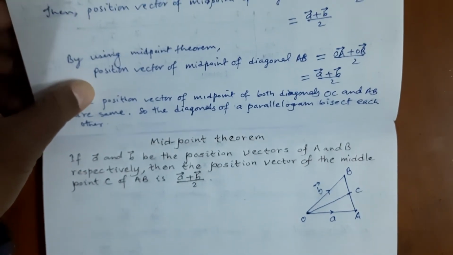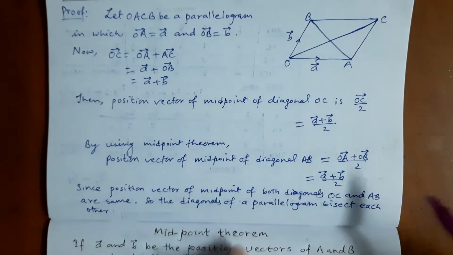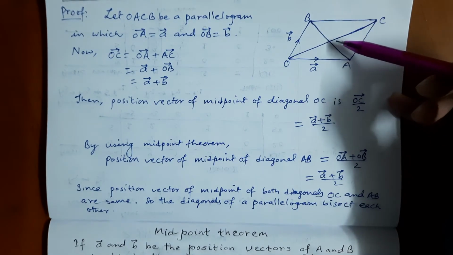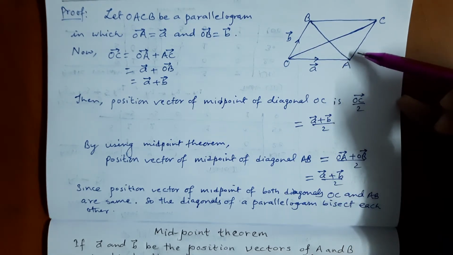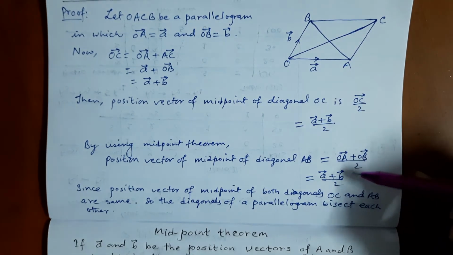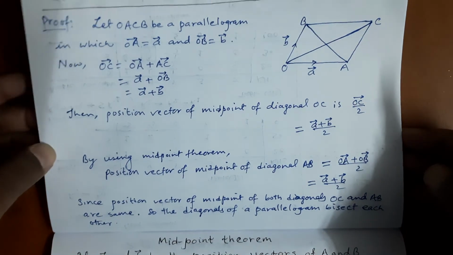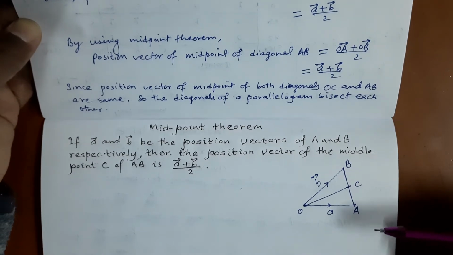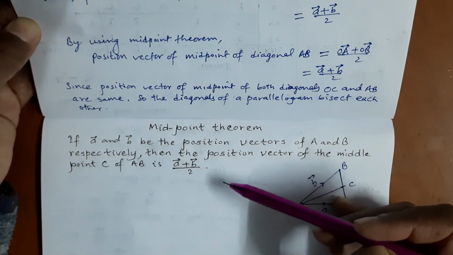There, the midpoint of diagonal AB is obtained by vector OA plus OB over 2, that means (A plus B) over 2. This theorem and that one are the same. Here also (A plus B) over 2, and there also (A plus B) over 2.